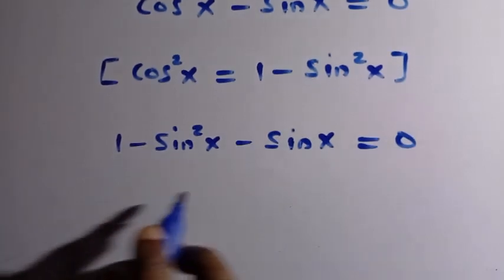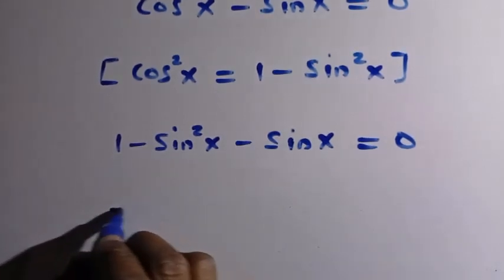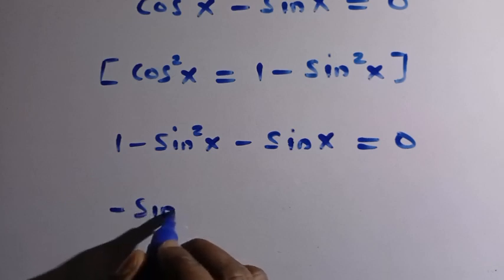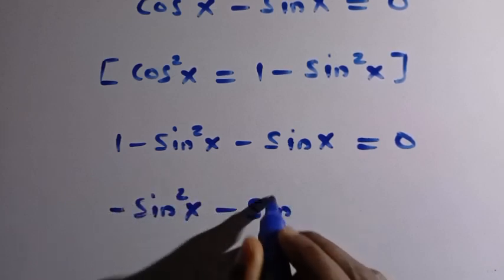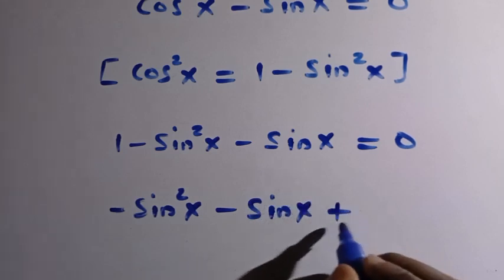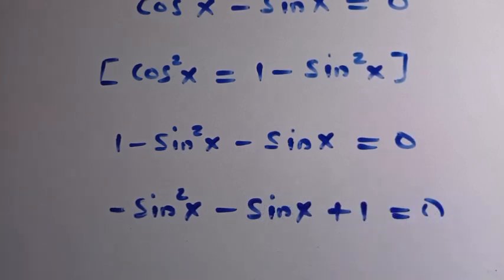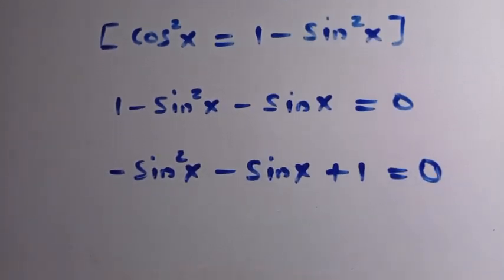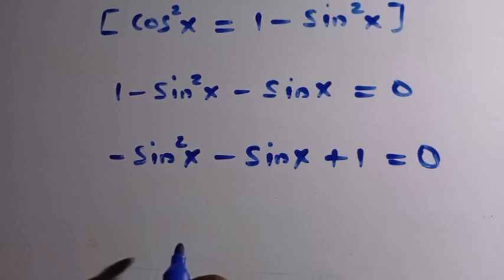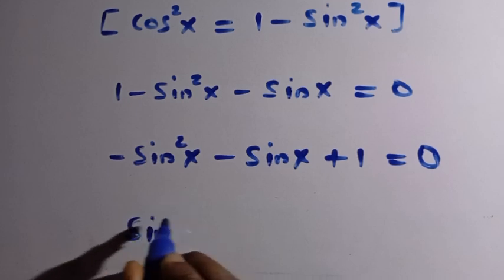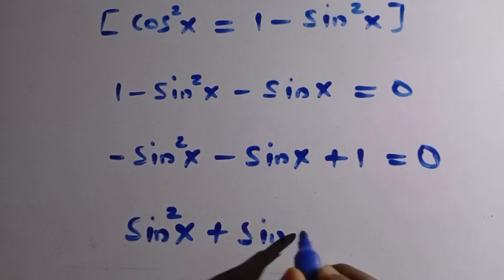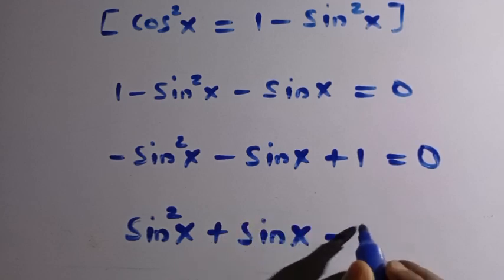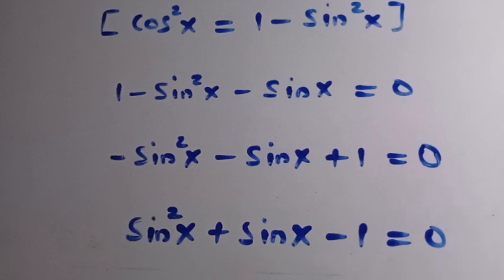Then let's rearrange this properly: minus sine square x minus sine x plus 1 equals 0. So let's multiply throughout by negative, and this is transformed to sine square x plus sine x minus 1 equals 0.